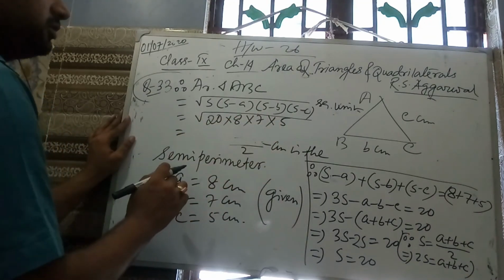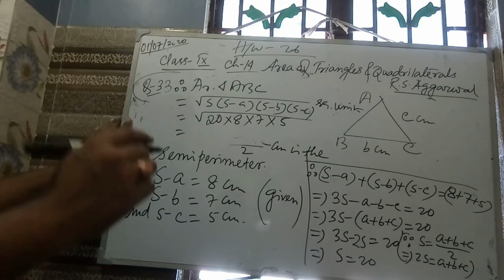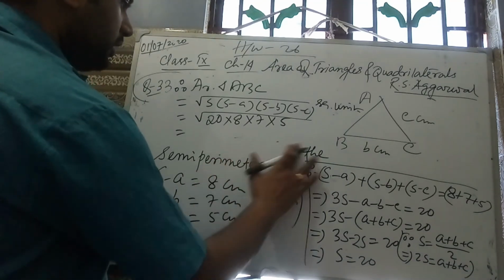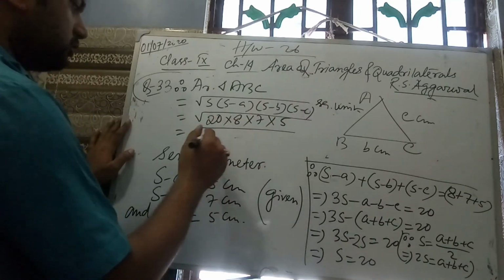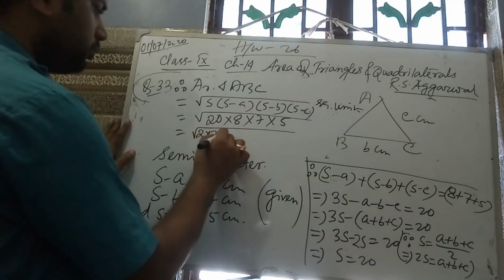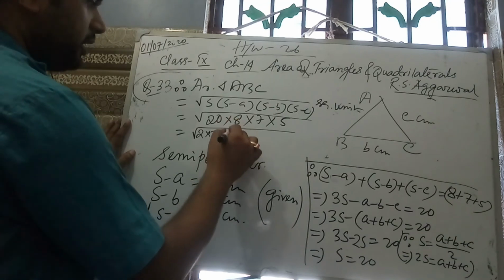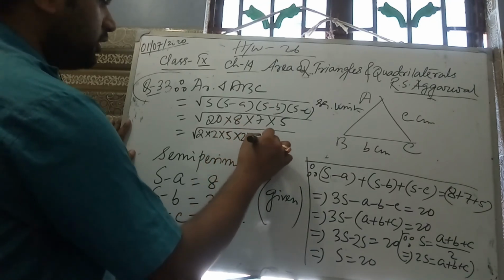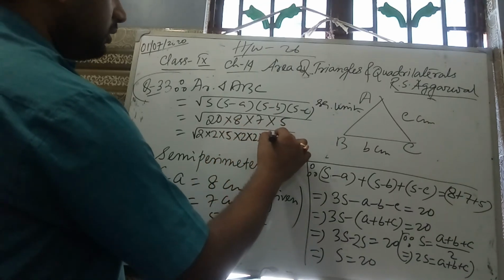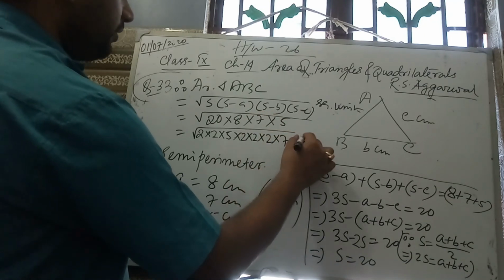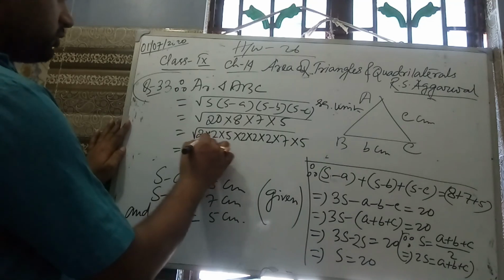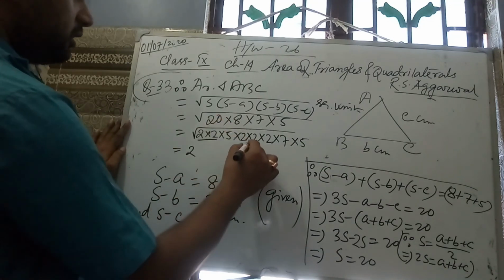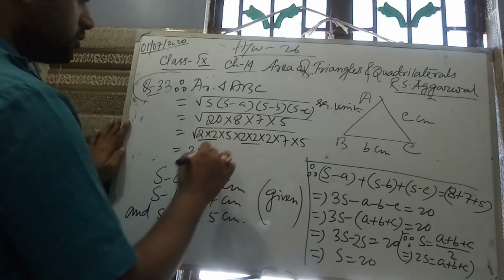20 into 5. There are two different ways. We can do it like this. 20 into 5, just factorize, normal method. 2 into 2, 4, 4 into 5, 20. 8, 2 into 2 into 2, 7 and 5. For these two, 1 will be outside the square root sign. For these two, 1 will be outside the square root sign.